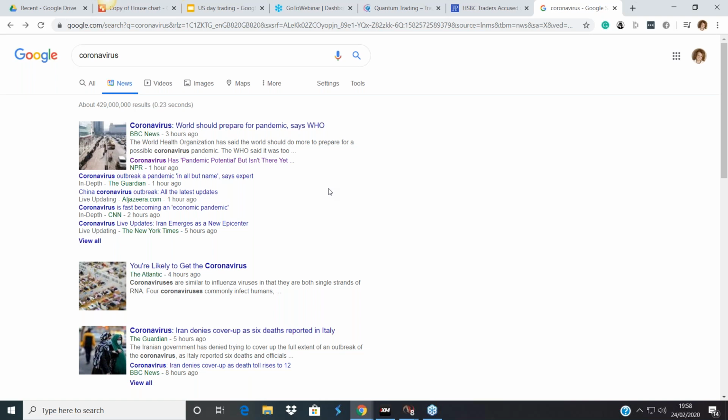You can set up alerts on phrases, so when it comes up, it will email you, or you just go into Google and put in the search term. I've just put coronavirus in, and it pulls up under news what is the latest. Everything's going to be delayed, but at least in an hour, as you can see here, pandemic potential, but it isn't there yet. You've got to keep abreast of this stuff and see what's happening.